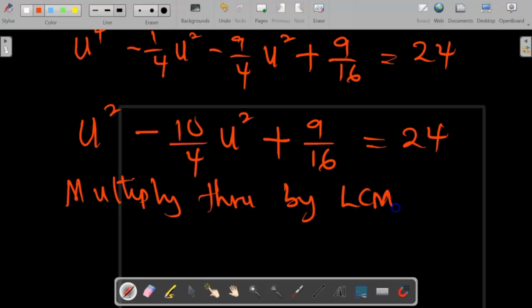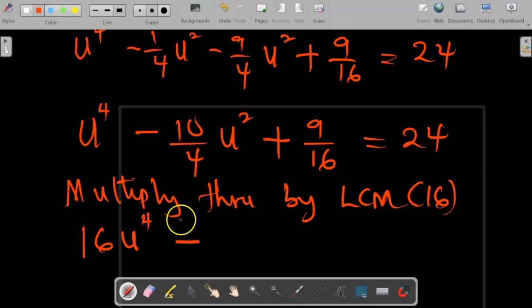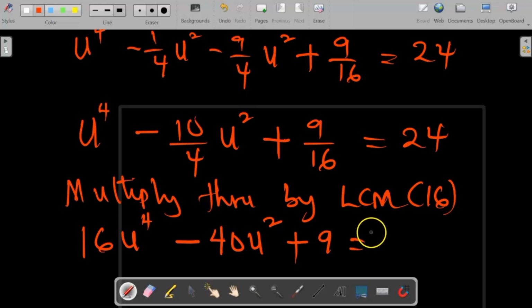So 16 times u to the power of 4 is 16u to the power of 4, minus 16 times 10/4 u squared, which is 40u squared, plus 16 times 9/16 is 9. 16 times 24 is 384.